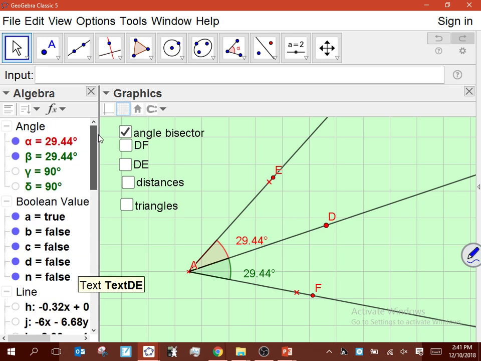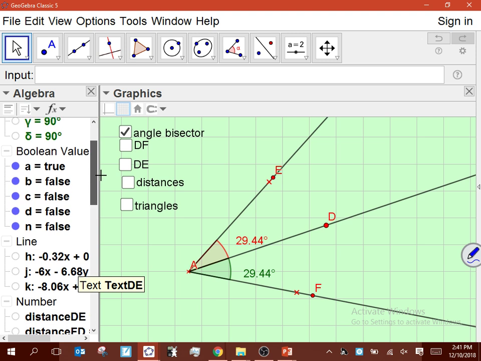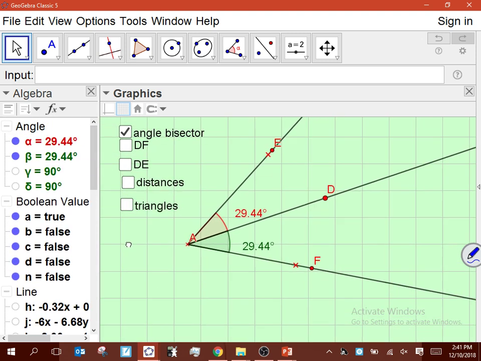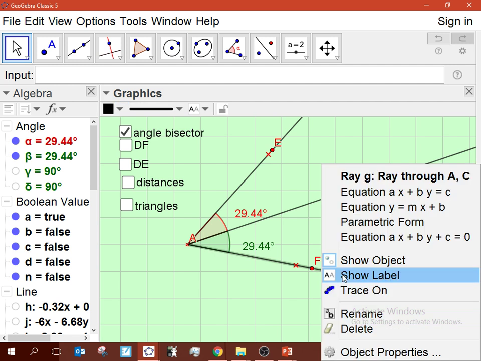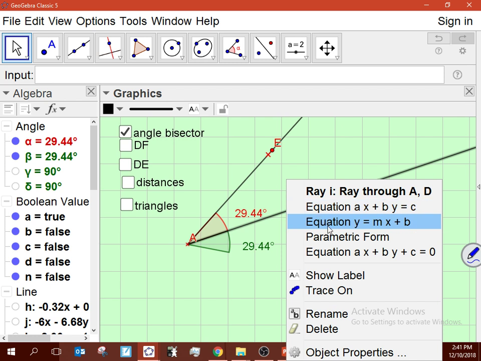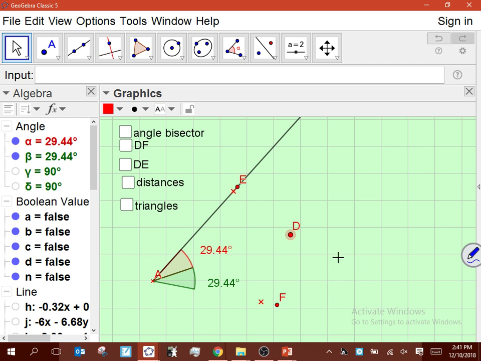Now, just to prove the point to you a little bit, I'm going to remove that ray. There we go. I want to remove that ray, and I want to look at point D. Would you guys agree that point D is a point that is not on the line that remains? So how do I find the distance from point D to that line?